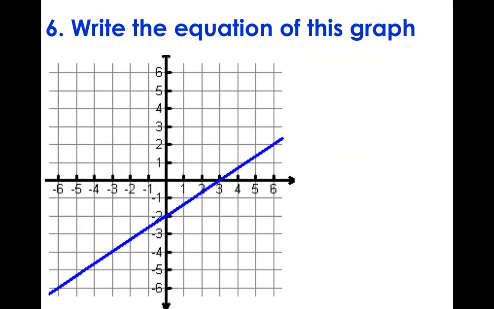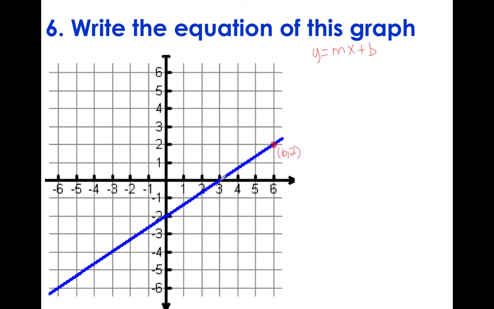Let's look at the next example. Write the equation of this graph. Once again, y equals mx plus b is what we should be writing down. Let's choose some good points. I can choose this point because I know the coordinates, 6, 2.